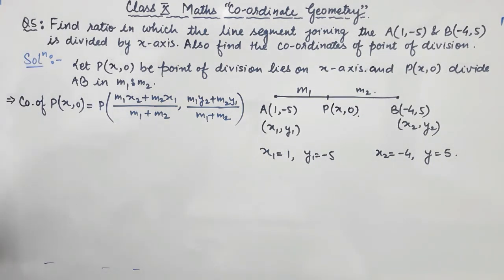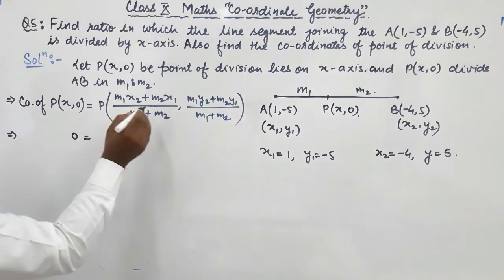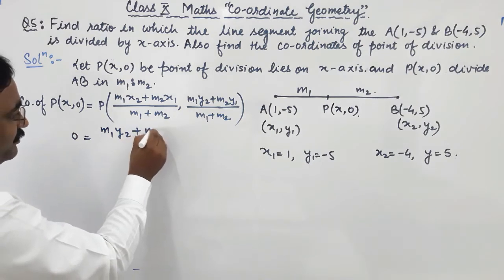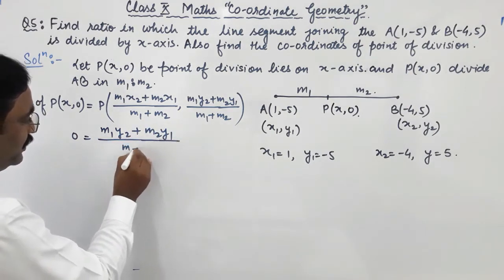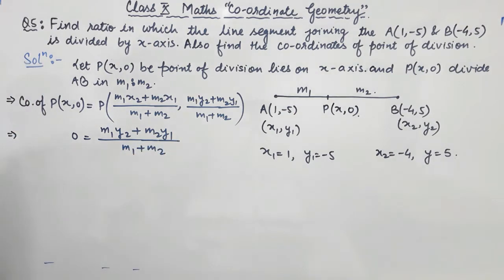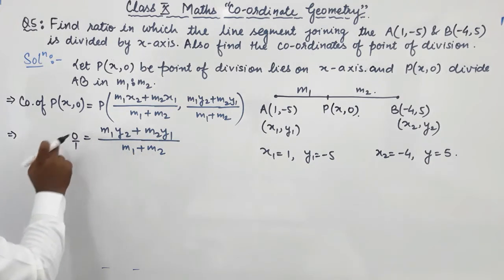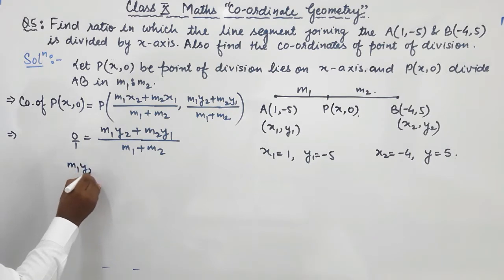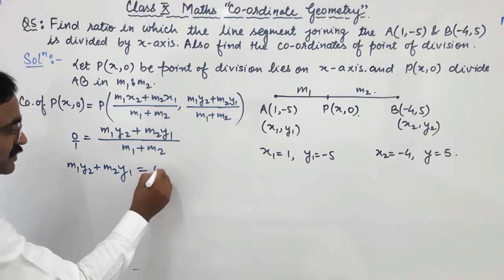So you can write 0 is equal to (M1 y2 + M2 y1) upon (M1 + M2). Now let us cross multiply. When you cross multiply, this M1 + M2 becomes 0, so you will get M1 y2 + M2 y1 equals 0.